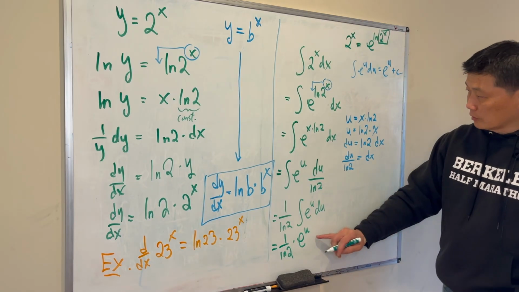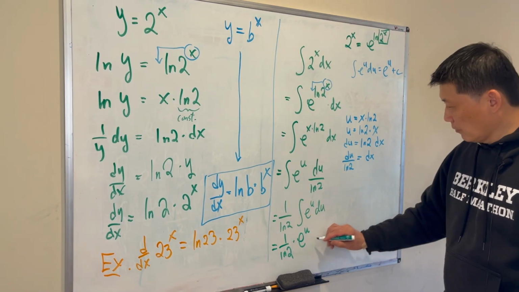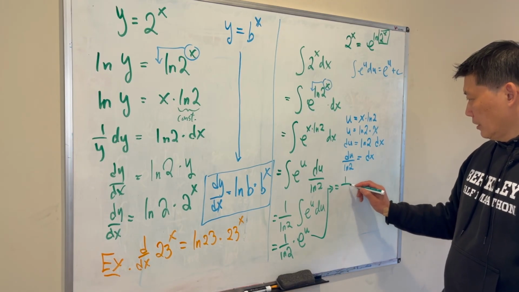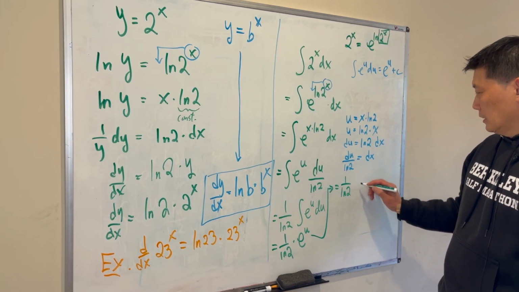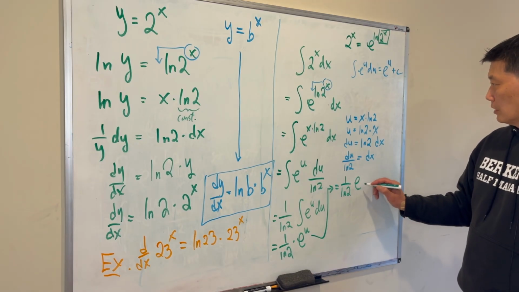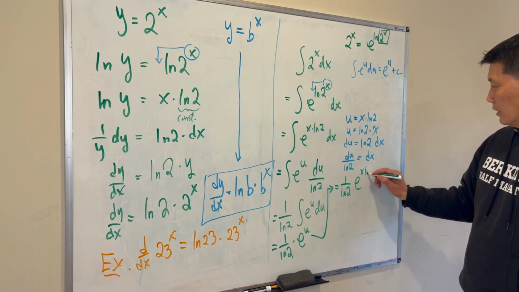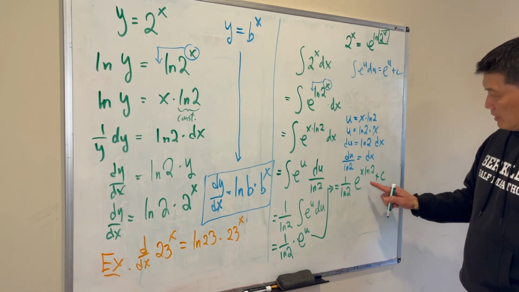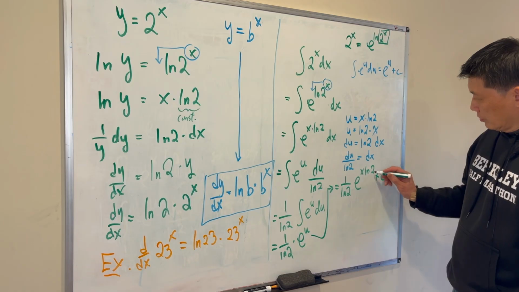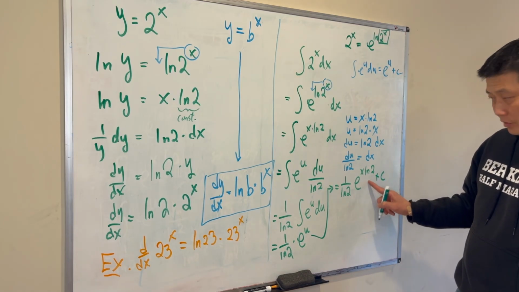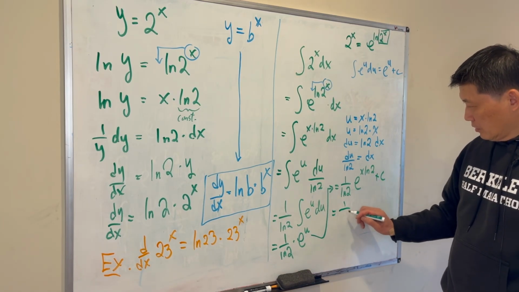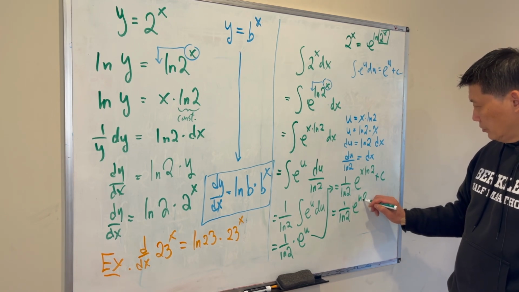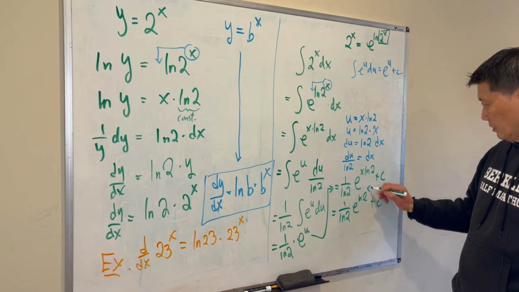Now I'm ready to rewrite this back into the original form. So it equals 1 over ln 2 times e to the x ln 2 plus c. But e to the x ln 2 can be simplified. I end up with 1 over ln 2 times e to the ln 2 to the x plus c.